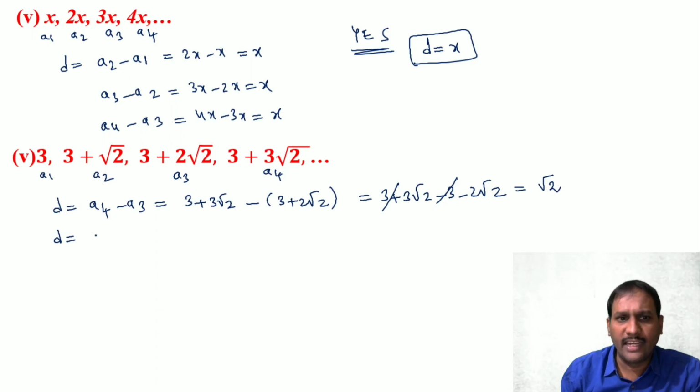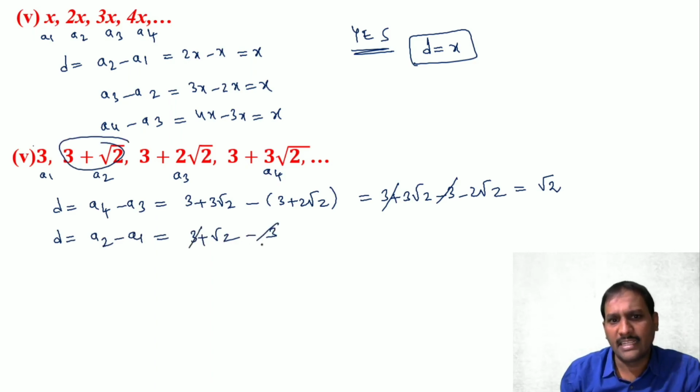Now I am finding a2 minus a1. That is 3 plus root 2, this is a2, and a1 is minus 3. Plus 3, minus 3 gets cancelled, and the difference between the two consecutive terms is root 2. Here also it is root 2.